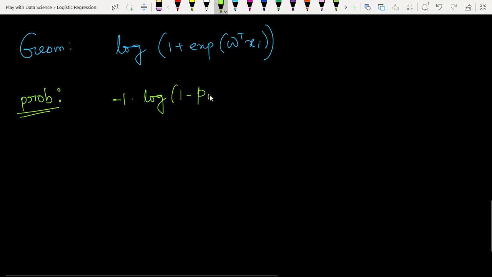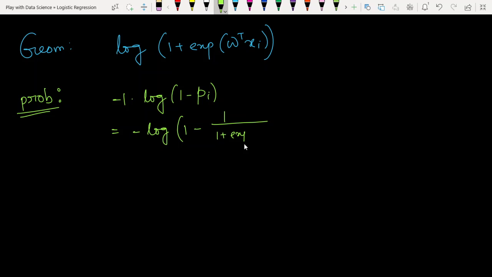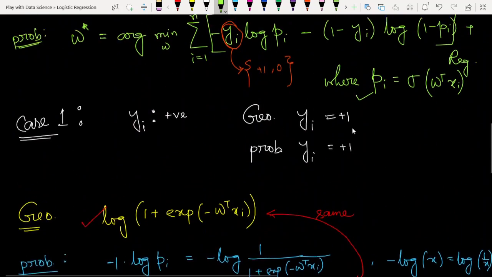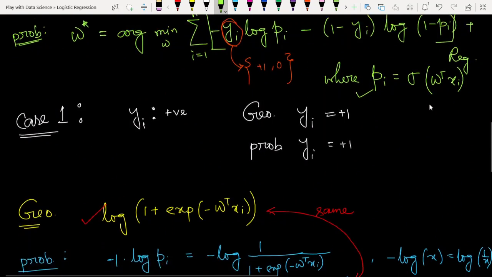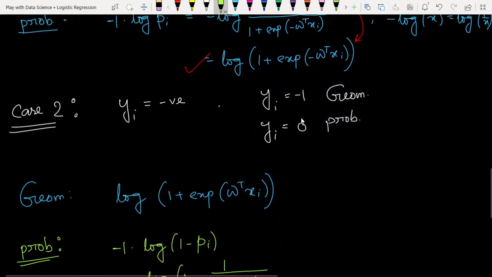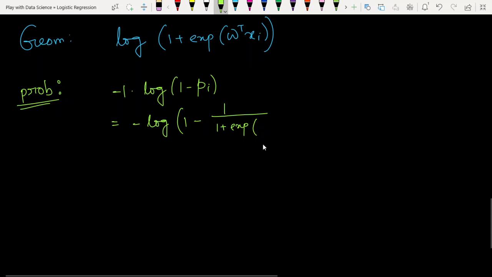So minus log of 1 minus pi means 1 by 1 plus exponential of, where pi means 1 by exponential of minus w transpose xi.